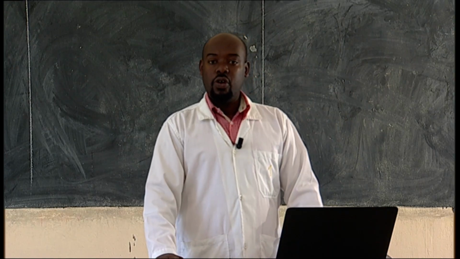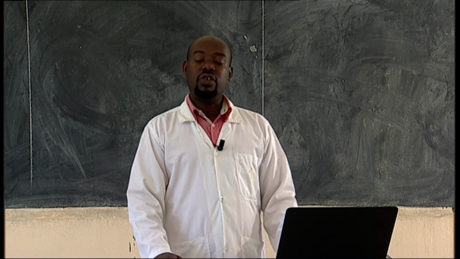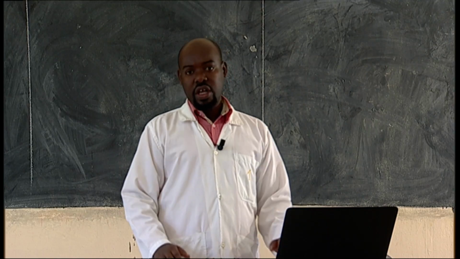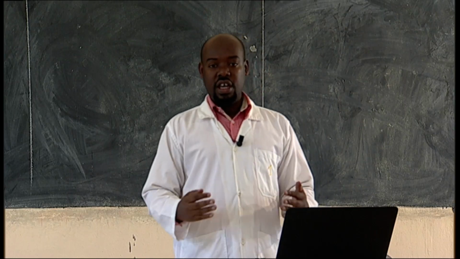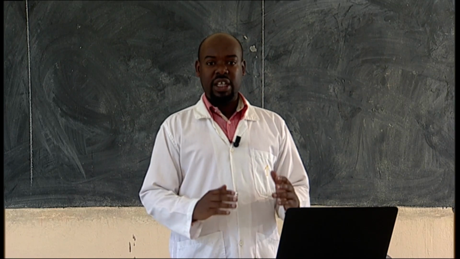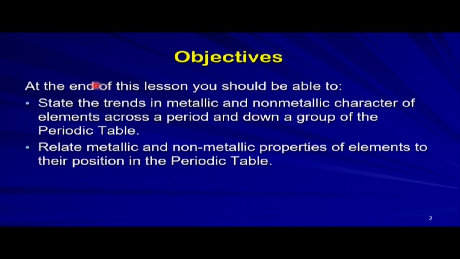But before we go any further, let me take you through the objectives of our lesson so that you can know what you are supposed to know at the end of this lesson, what I'm expecting from you. At the end of this lesson, you should be able to state the trends in metallic and non-metallic character of elements across a period and down a group of the periodic table.